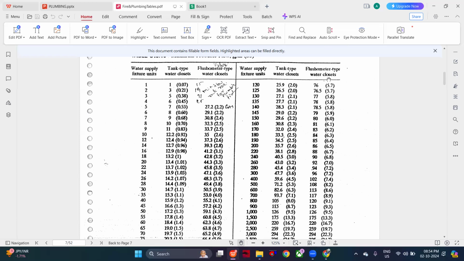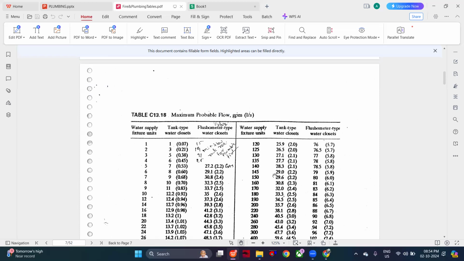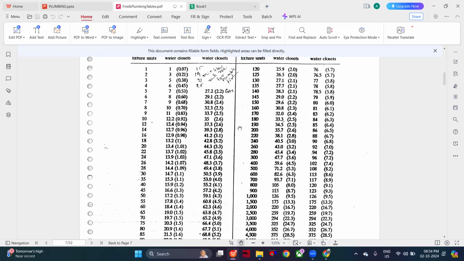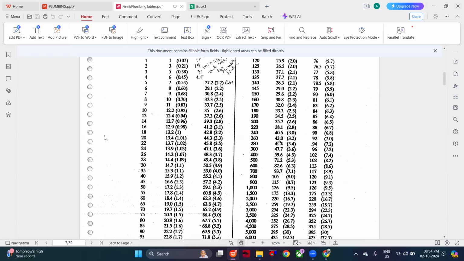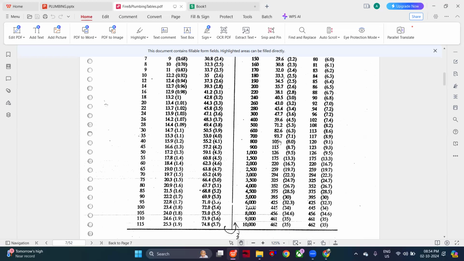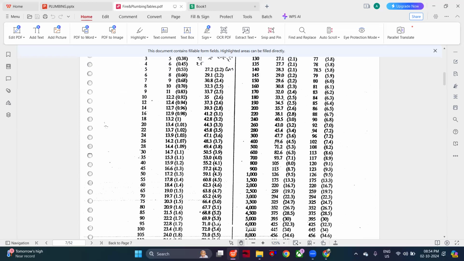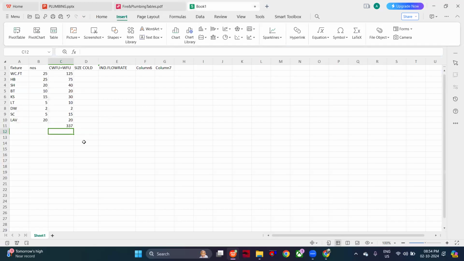Then take the tank type water closet, not the flush meter. So for 400, you need 47.7 GPM, gallons per minute. Understood? In a minute, they need 47.7 gallons.